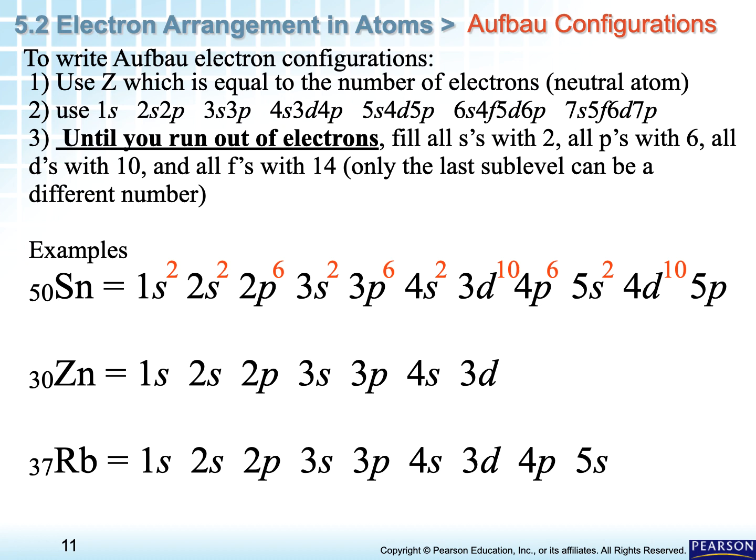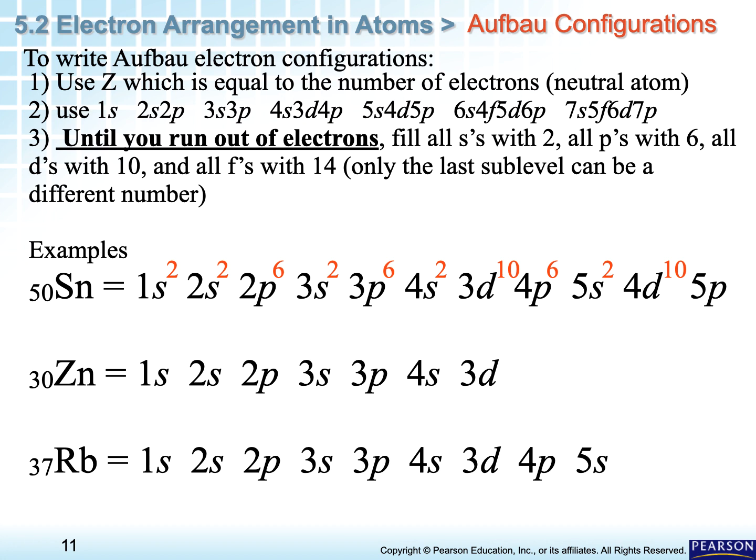So, if I were using my 1s, 2s, 2p, which is Aufbau, until you run out of electrons, you fill all the s's with 2, all the p's with 6, all the d's with 10, and all the f's with 14, until the last sublevel can be a different number.